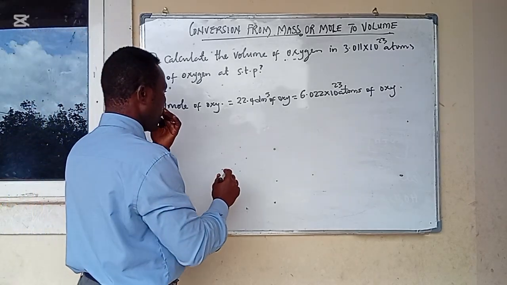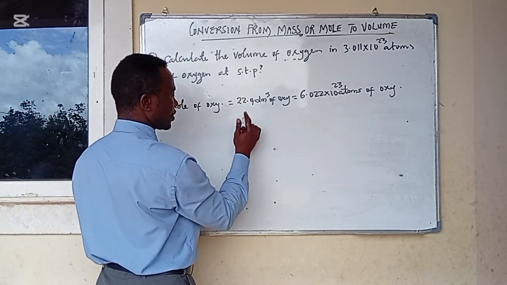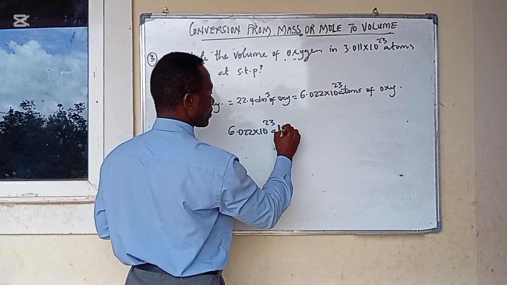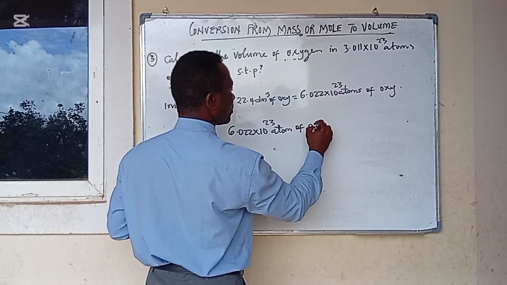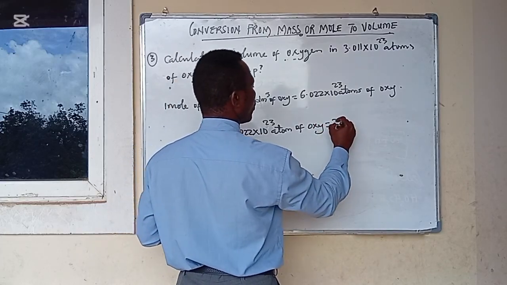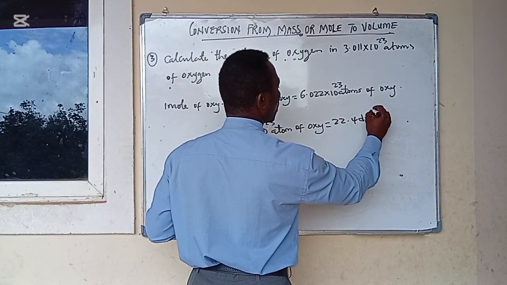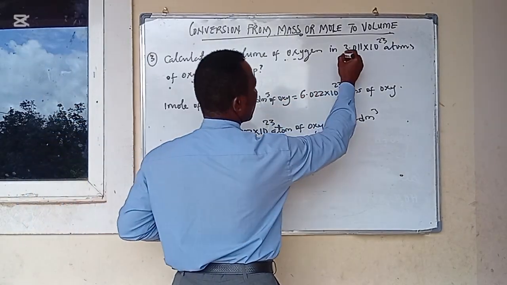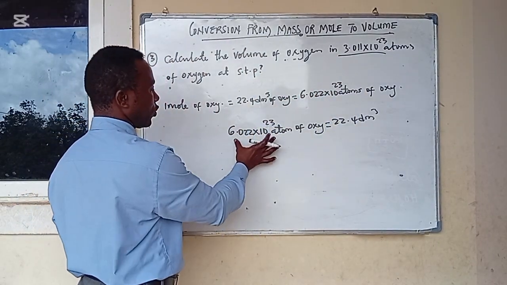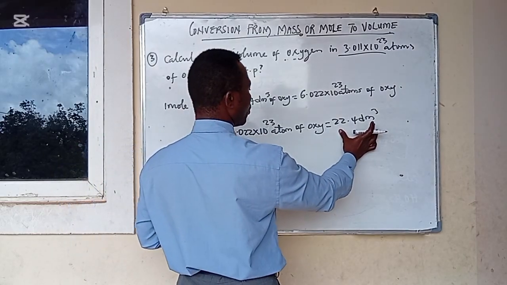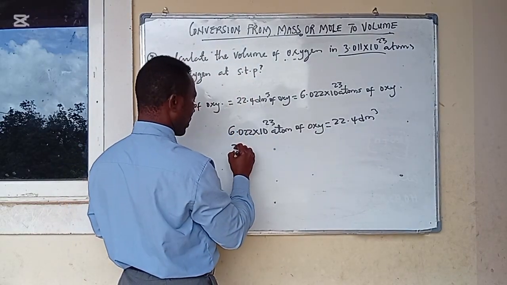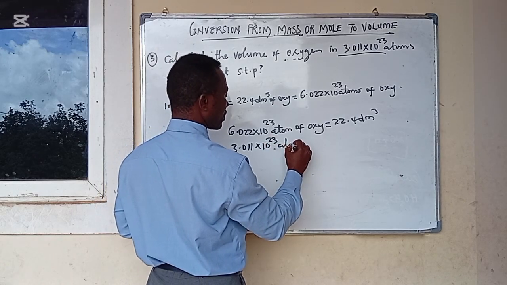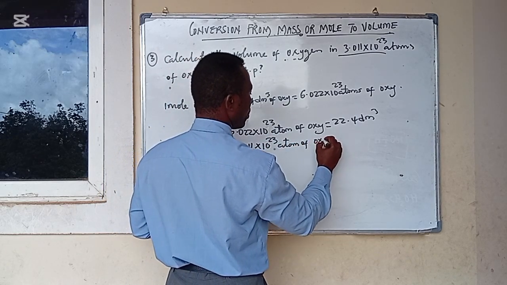That is to say that 6.022 times 10 raised to power 23 atoms of oxygen will be equal to 22.4 dm cube. So we are looking for the amount in this particle. If this is equal to 22.4 dm cube, then 3.011 times 10 raised to power 23 atoms of oxygen, what will it become?